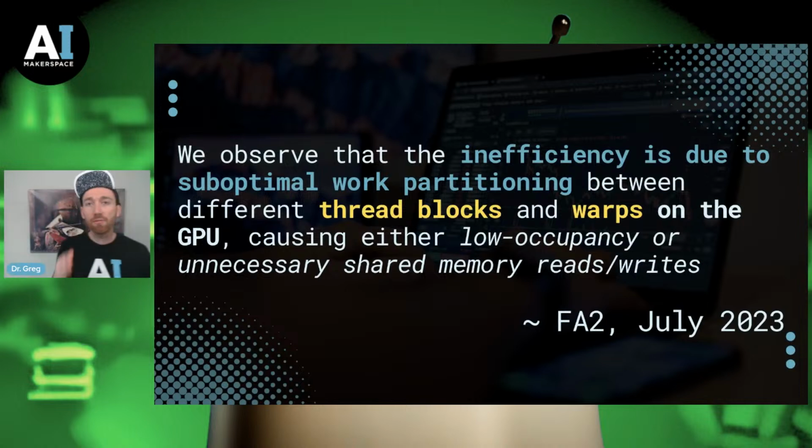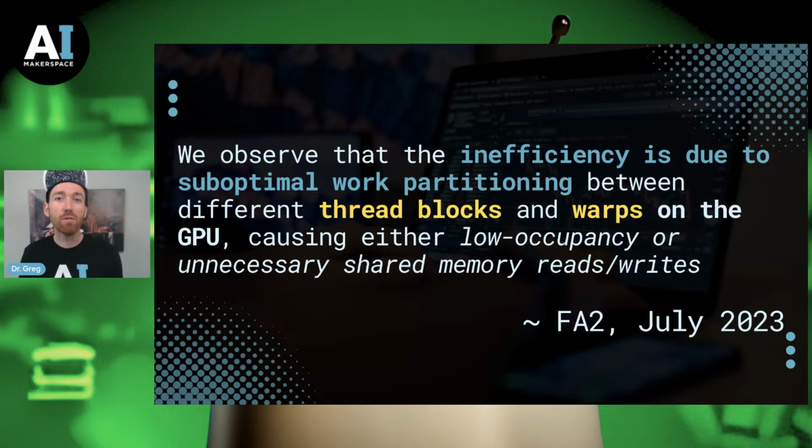They say, hey, actually, if we zoom in close enough, it's not just between the on-chip memory and the HBM, there's actually inefficiency due to suboptimal work partitioning between different thread blocks and warps on the GPU, causing either low occupancy or unnecessary shared memory rewrites. And this is where we have to learn a little bit more about, well, what do you mean thread blocks and warps?